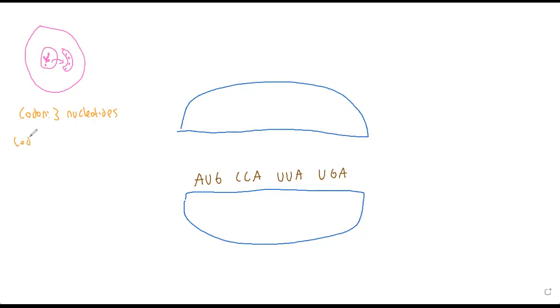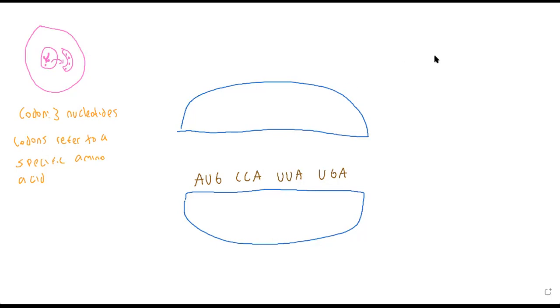Because codons refer to a specific amino acid. It doesn't matter what order they're in. Every three nucleotides is called a codon, and they all correspond to one unique amino acid. Well, actually, that's not entirely true because sometimes multiple codons refer to the same amino acid. But anyways.